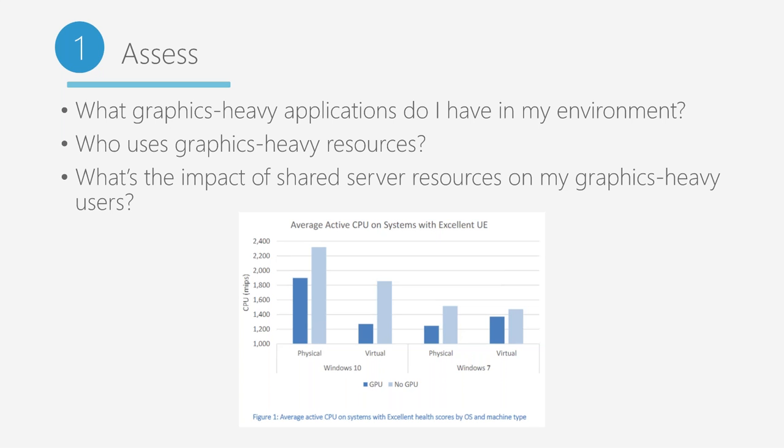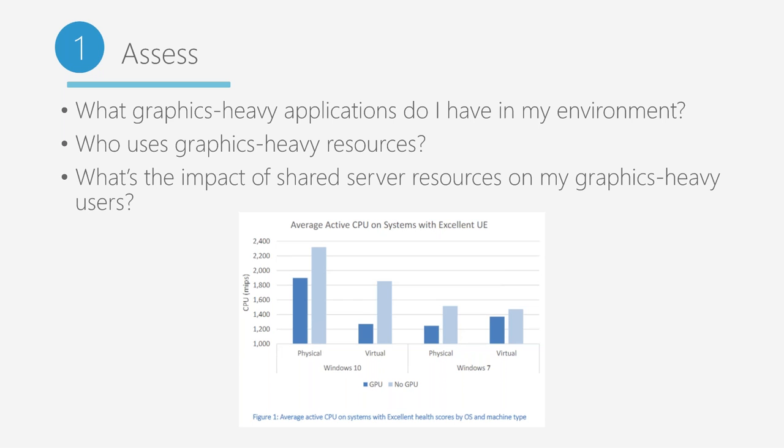So the importance of assessing your environment properly and using real endpoint data to do so is that much more important, especially given the graphical implications of moving to Windows 10. Fairly recently, in fact, we conducted a quick study of our Systrack community of users, and we were able to back up with data that systems that didn't have discrete GPUs will average higher CPU usage, as you can see there on this screen.